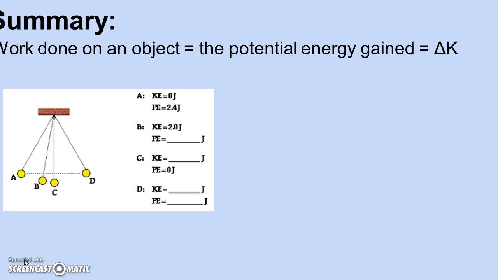From this point, it will only return back through the arc. At point C, the pendulum has only kinetic energy, for it has gone to the lowest point of its swing.